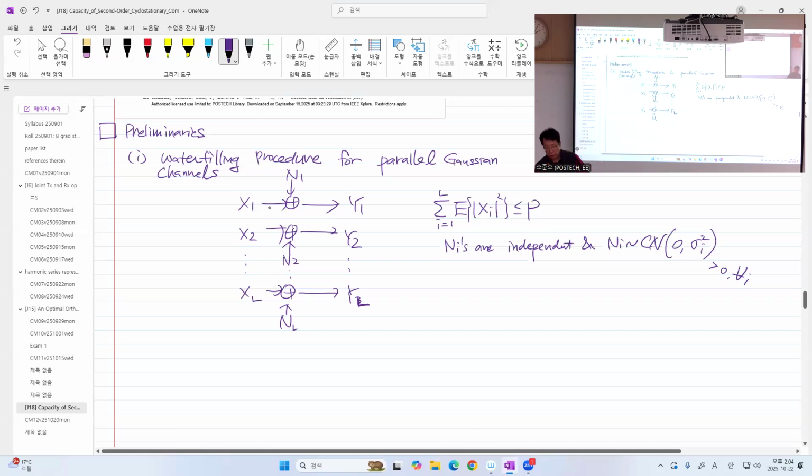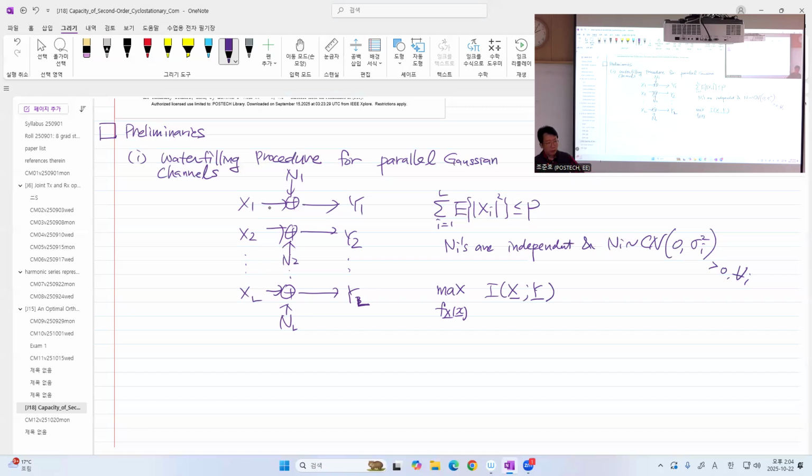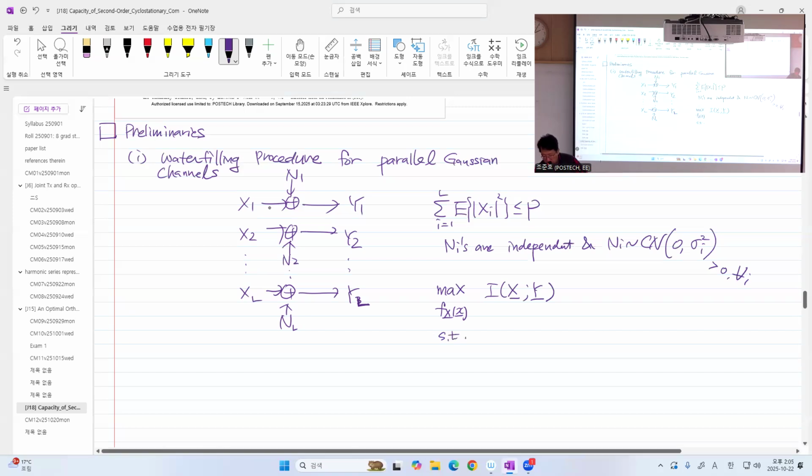And then what you want to do is to find the optimal input distribution that maximizes the mutual information between the input vector x, that is the collection of all the x sub l's, and the y vector, that is the collection of all the y's, subject to this power constraint.